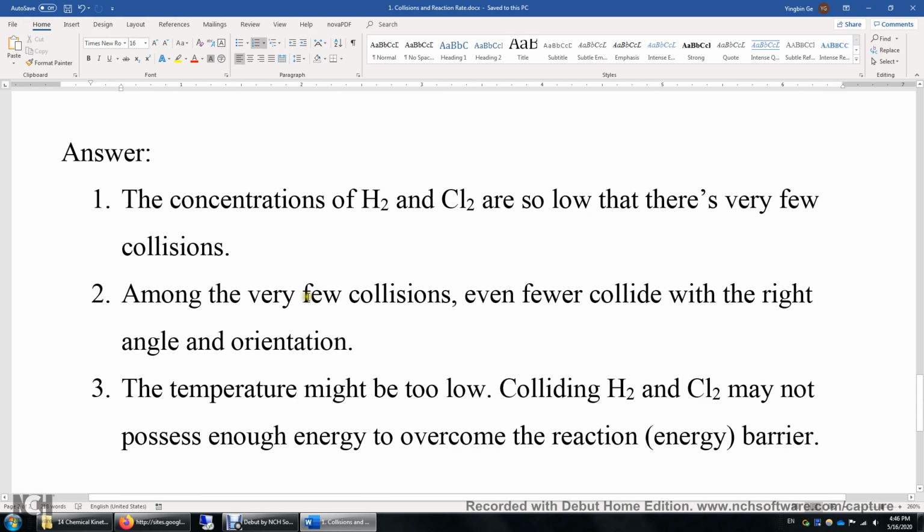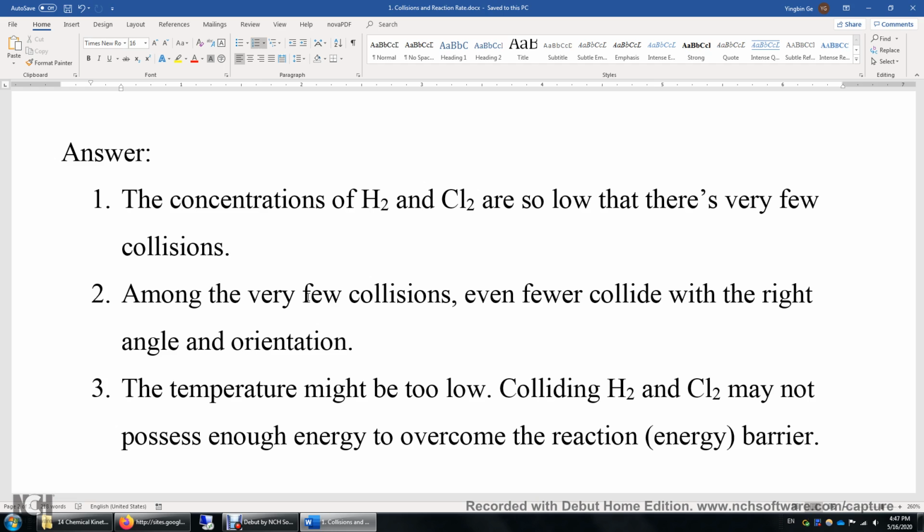The third reason, which is more common, maybe the temperature is just too low. Although the reaction between hydrogen and chlorine is an exothermic reaction, so that means H2 reacts with Cl2 and produces HCl and heat.